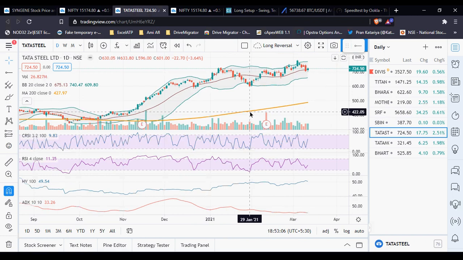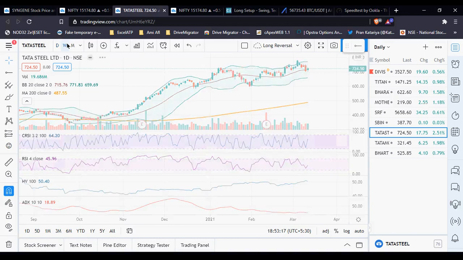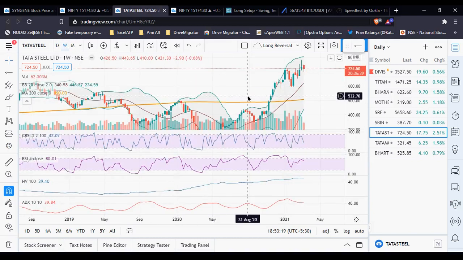CRSI below 15, RSI 4 below 20, historical volatility and ADX right within their levels, and on the weekly time frame, the same week, it is trading above the middle Bollinger Band.